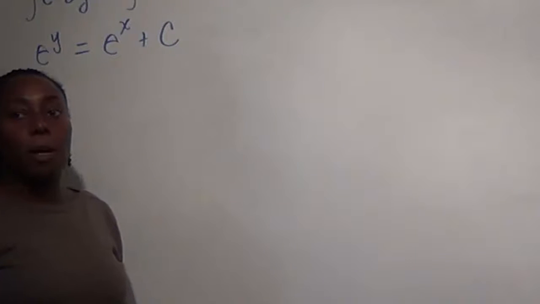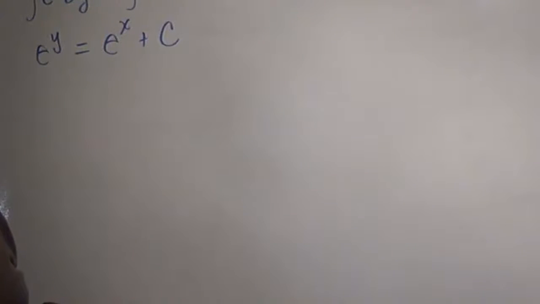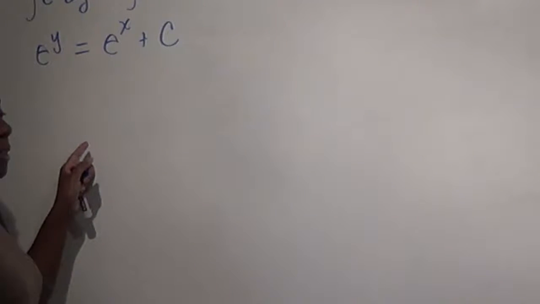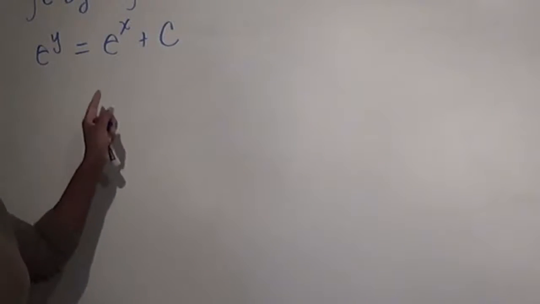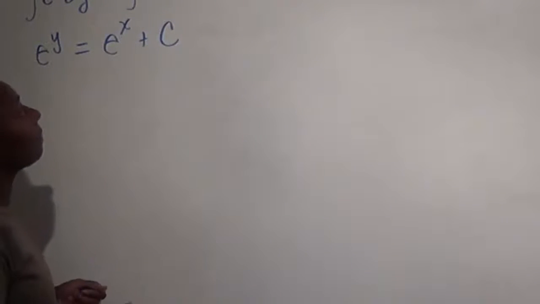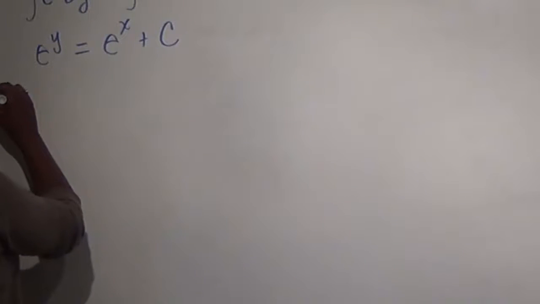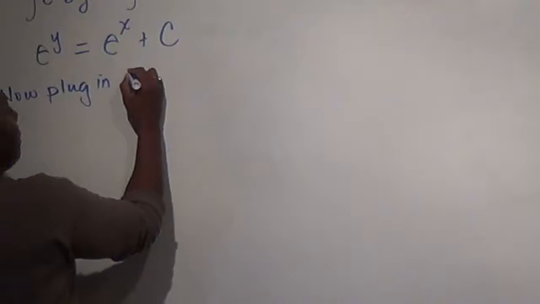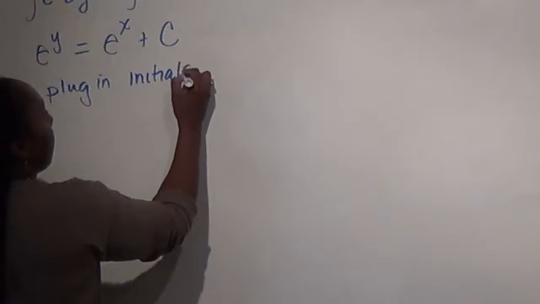Now here, because I have initial conditions, before I try to solve for y, I want to plug in those initial conditions. And the reason I want to do it at this step and not at the end is because here it's going to be a little easier to solve for c than if I try to move everything over and take natural logs and then plug in. Okay? So here, I'm going to plug in initial conditions.